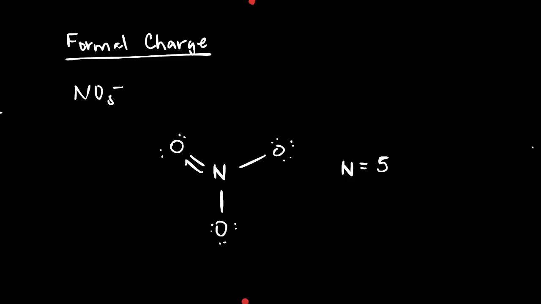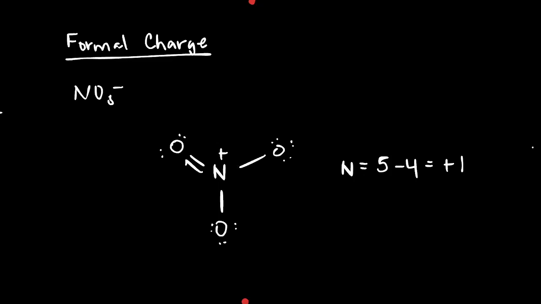What we're going to be doing here is simply counting each bond as a single electron, and each electron in a lone pair as a single electron. Here there's nothing in a lone pair, all we have are bonds. So this is 1, 2, 3, 4, and that tells us that it has 4 while it should have 5, giving us a positive 1 formal charge, and that is actually right. The formal charge of the nitrogen is plus 1.